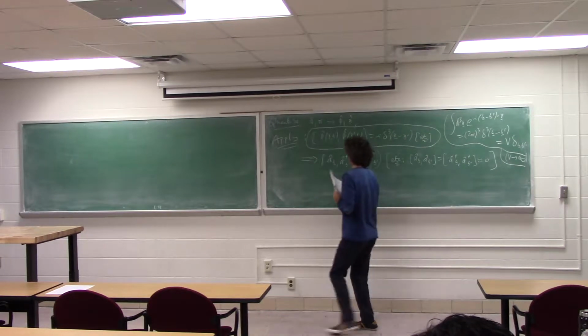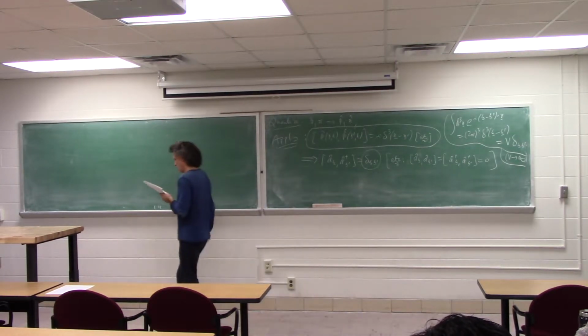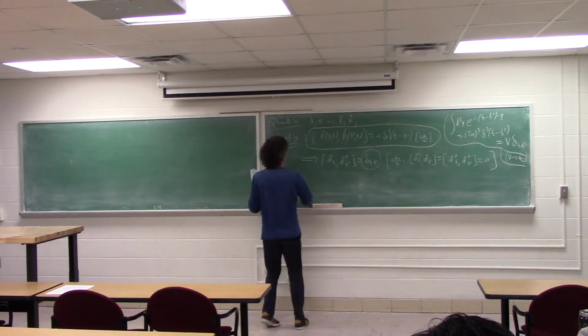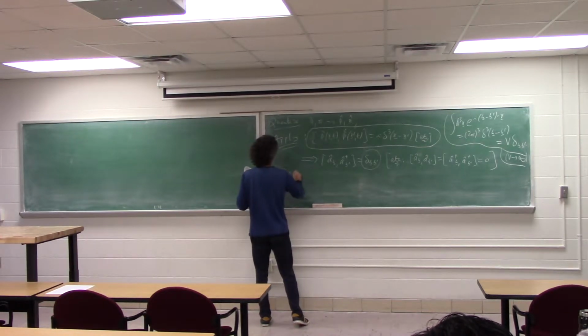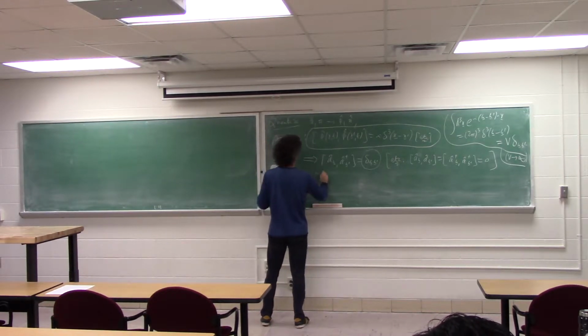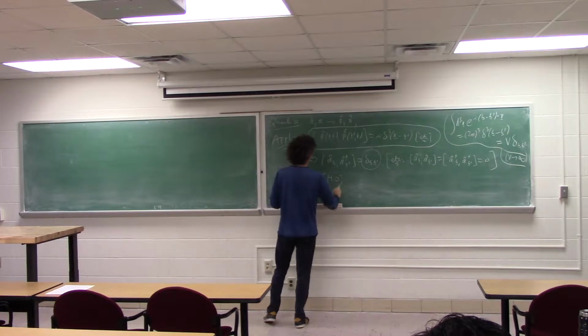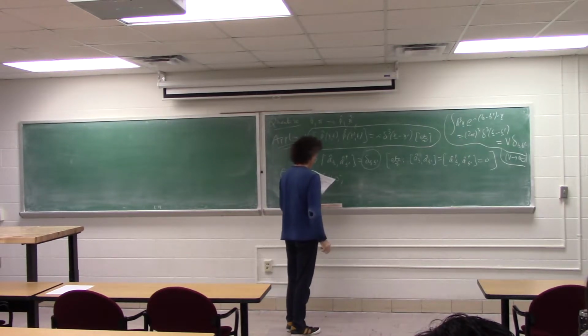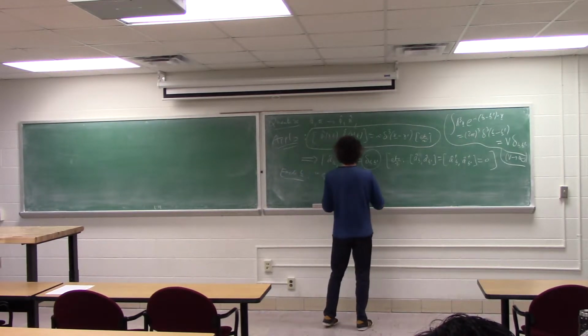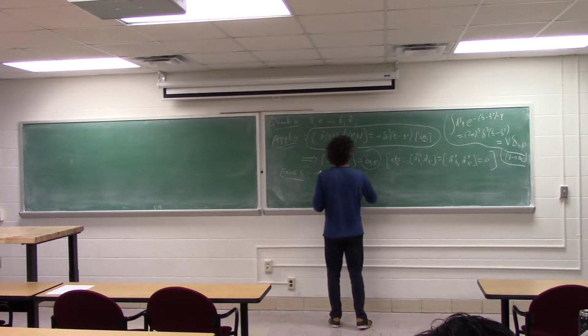So here we have, for each k, we can think of a simple harmonic oscillator, and we can look at the number operator.